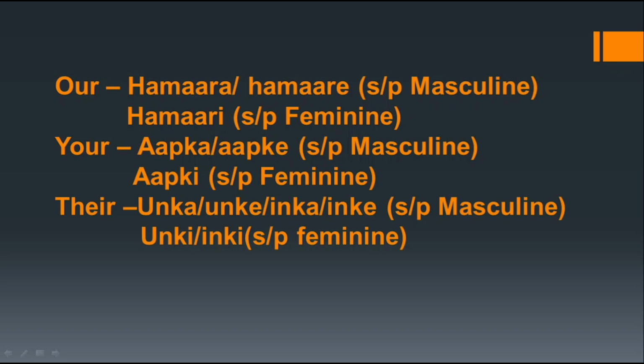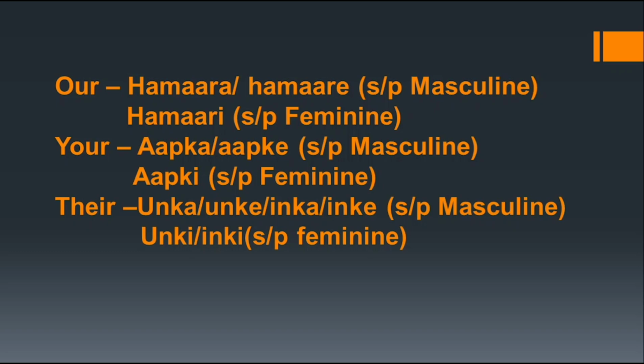Actually, by default, we use unka and unke. But when specifically we want to show the things, nearby things, then we will say inka, inke. Instead of saying unka, unke, we will say inka, inke. For feminine, it is unki, either for singular or plural. And specifically, you want to use it for nearby things, then you will say inki.